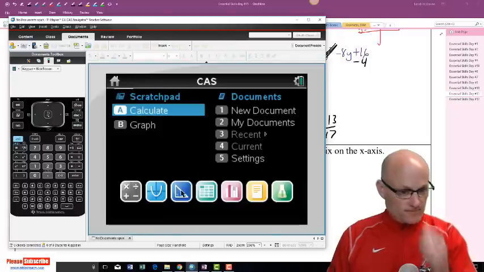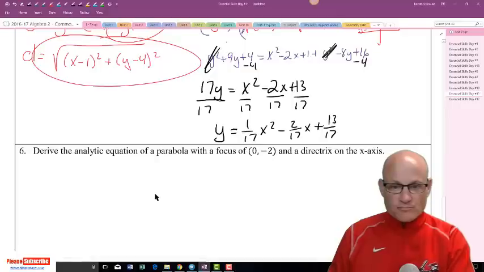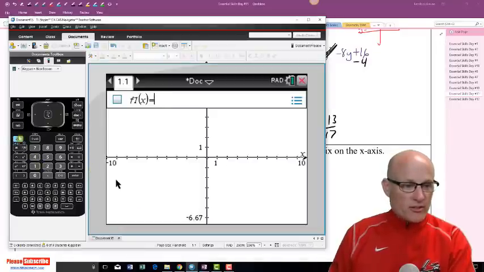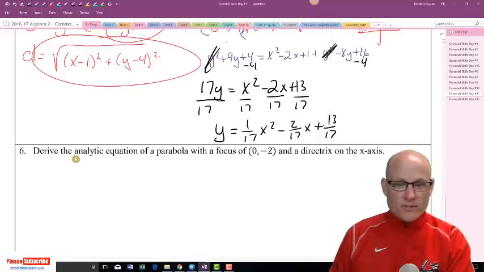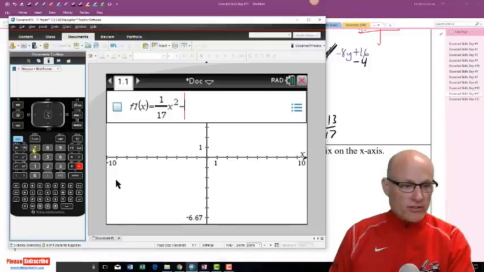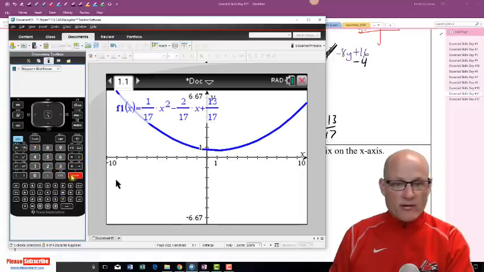Let's check this out. 1 over 17x squared minus 2 divided by 17x plus 13 divided by 17. Just cheaping out here.